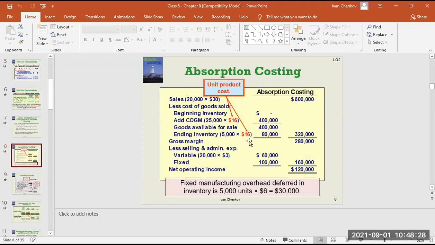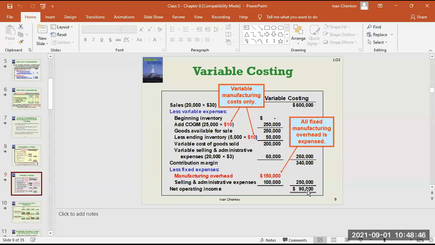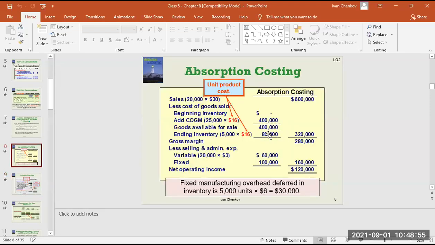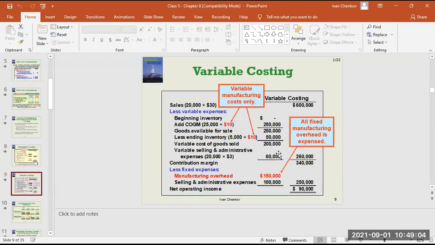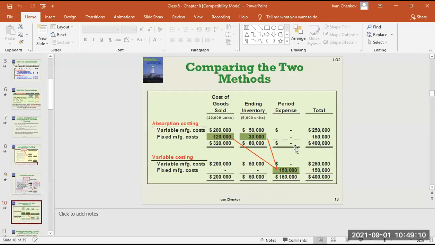And since those additional $6 are directly part of the expenses, under the absorption costing, we're going to show a report which has net income with $30,000 more. Where those 30,000? Those $30,000 are related to the ending inventory, where those $30,000 are held in the ending inventory here and not expensed. When in the variable costing, those $30,000 are directly expensed. Make sense? So that's why we're going to have this.